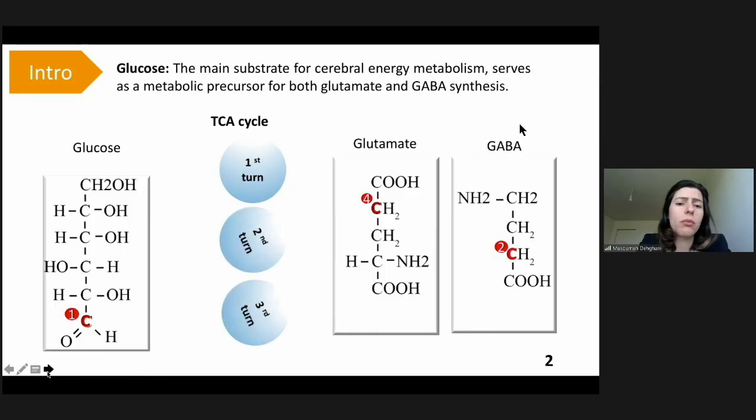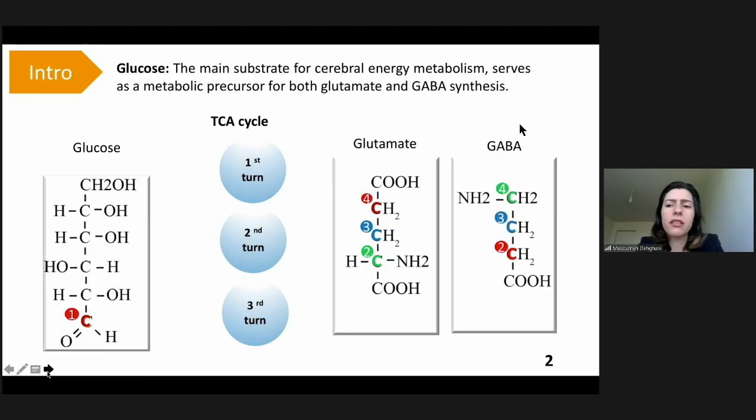And when the glucose label enters the second and third turn of the TCA cycle, glutamate will be labeled at position 3 and 2, and GABA will be labeled at position 3 and 4. Detecting the label and turnover curve can be done either through direct C13 MRS or indirect C13 MRS through detecting the signal from protons attached to the C13 carbon.